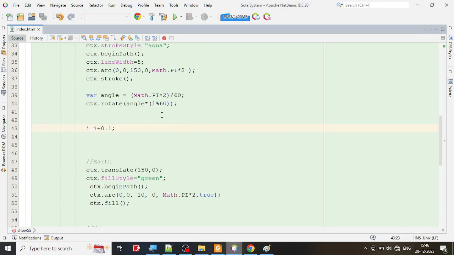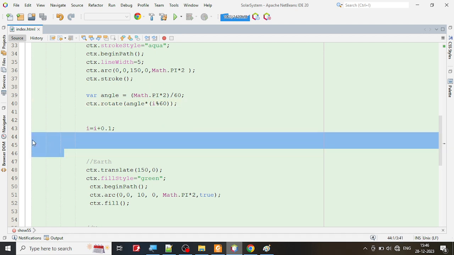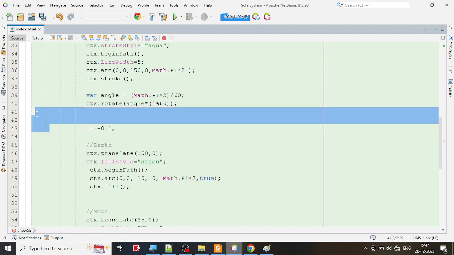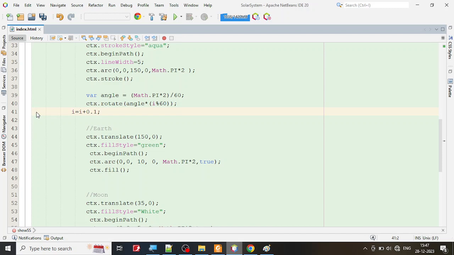So you said rotate. This is for the earth. Let me reduce some space over here. Okay, this is for earth. Let's go with the moon then. For the moon, you just have to multiply it by 12. It's as simple as that.